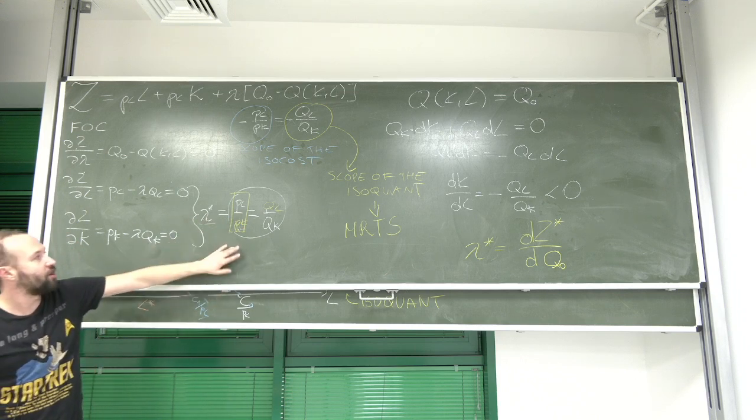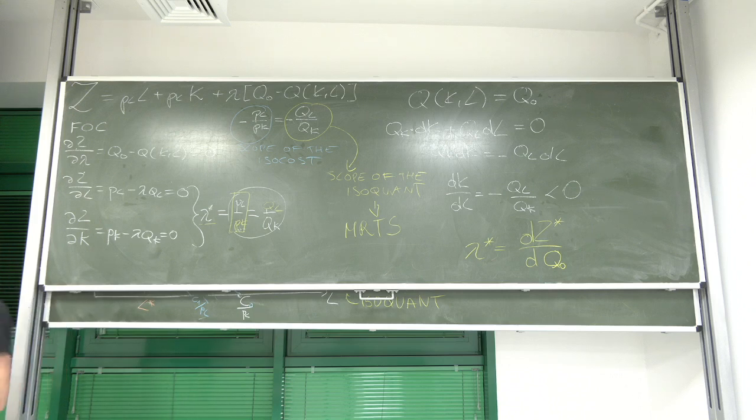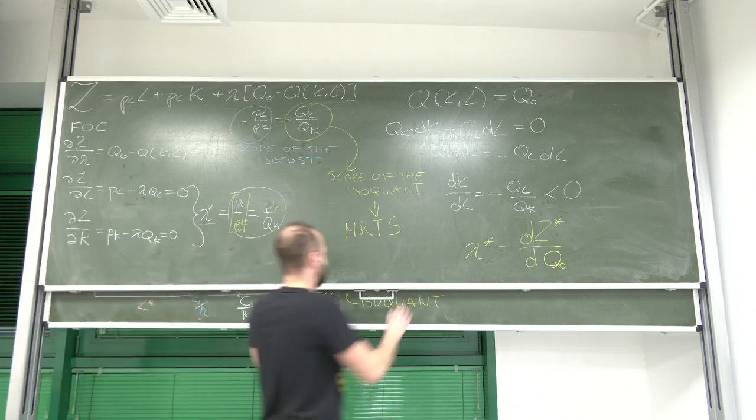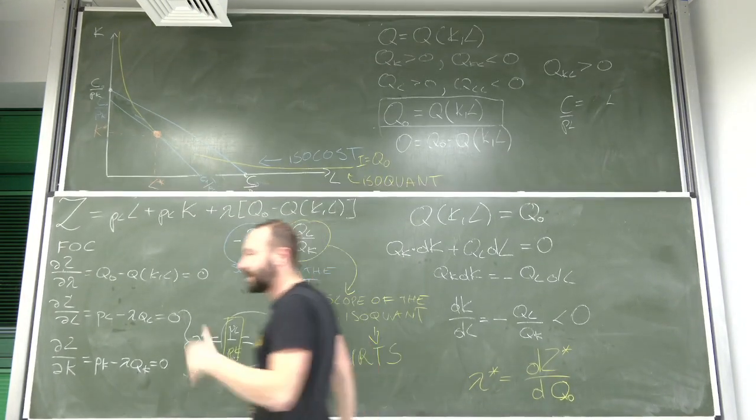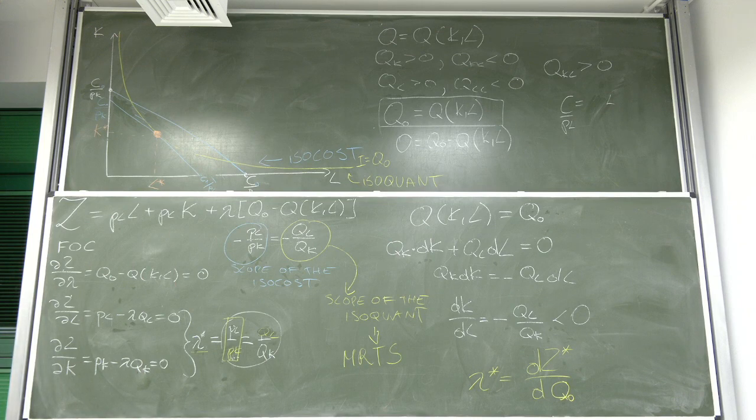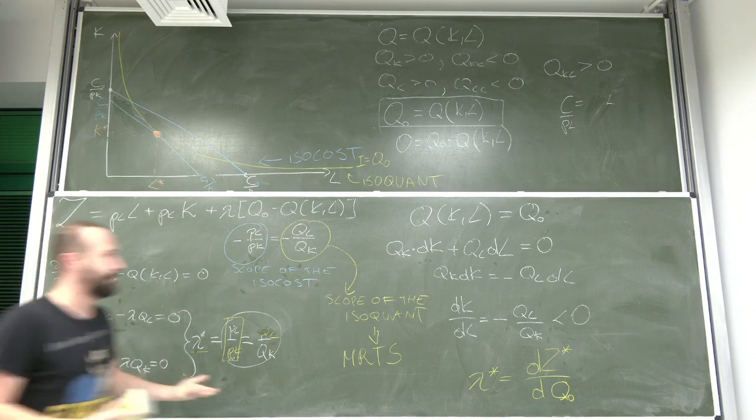We know the ratio of two positive prices must be positive, so we know that lambda is positive. Okay, I needed to speak about it a little because it's very crucial in our next step.